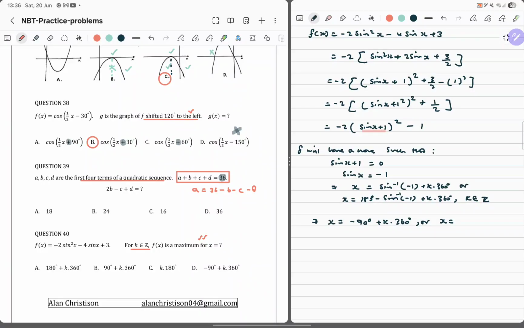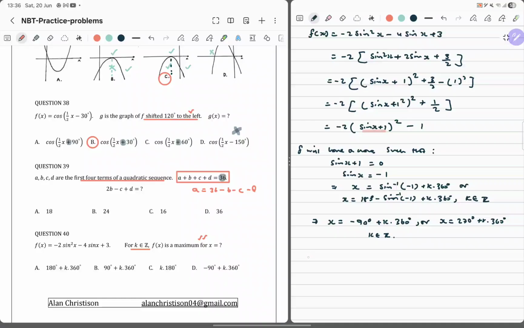So this gives us 270 plus k 360, where k is an element of integers. Obviously this is one and the same solution, literally.